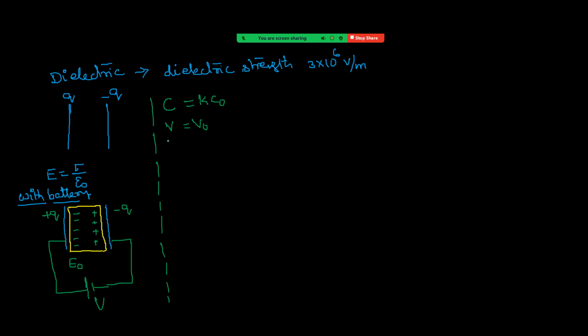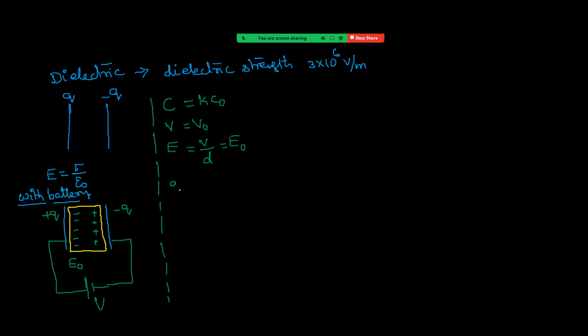Next, coming to electric field: electric field equals potential difference by separation between the plates, right? No change in separation, no change in potential difference, so the field is again the same. Only capacitance has become K times.